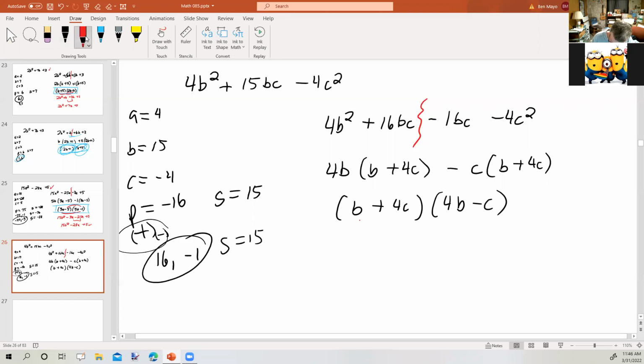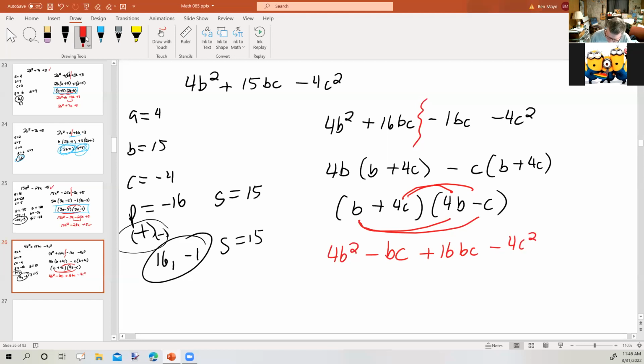Let's check our work. b times 4b is 4b squared. b times minus c is minus 1bc. 4c times 4b is 16bc. And 4c times minus c is minus 4c squared.